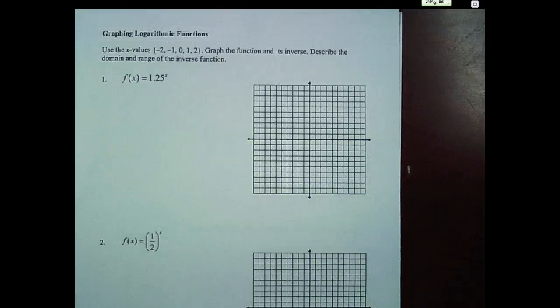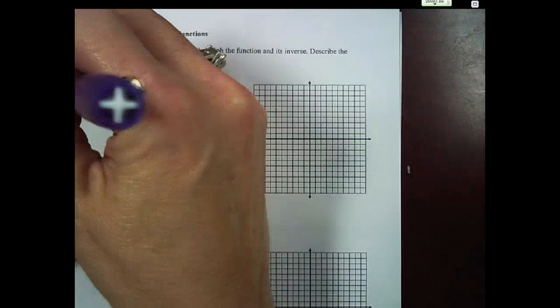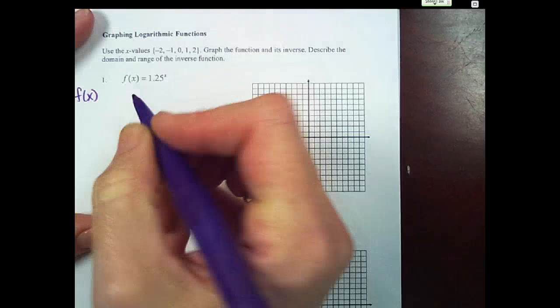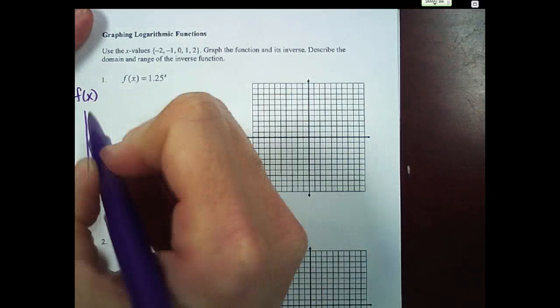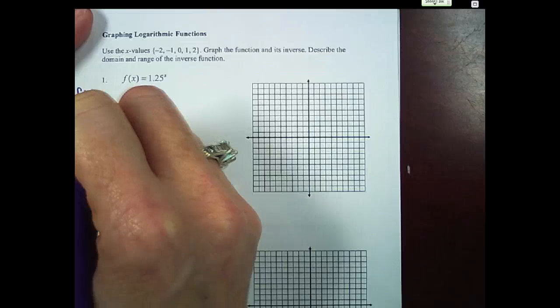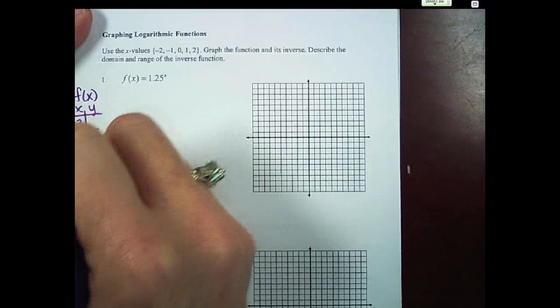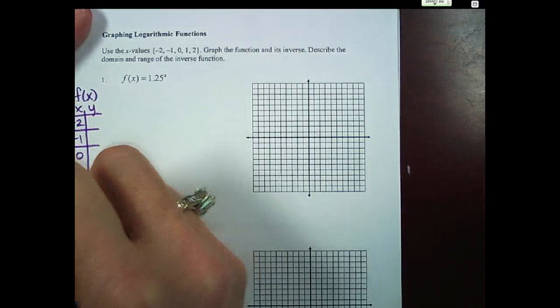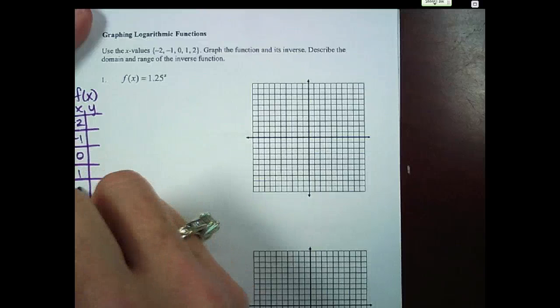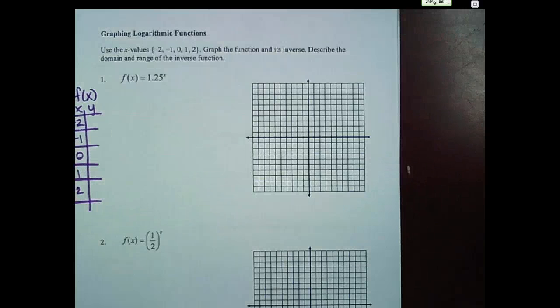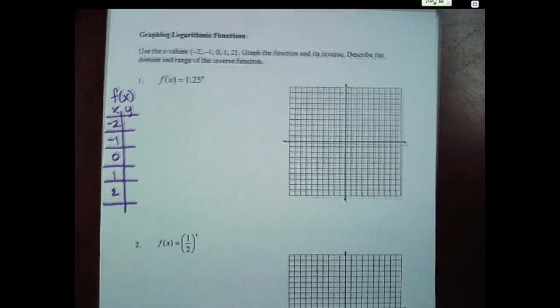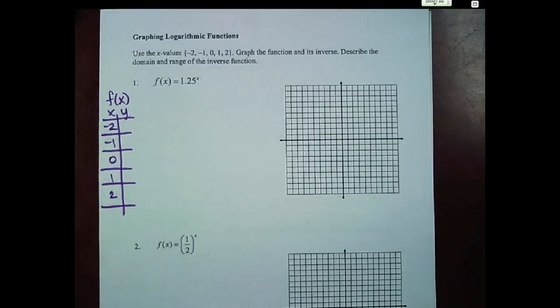Make a table then for f of x, your original function. It's said to use negative 2 through 2. And just because your input is negative in an exponential, it just means your answer gets smaller and smaller.